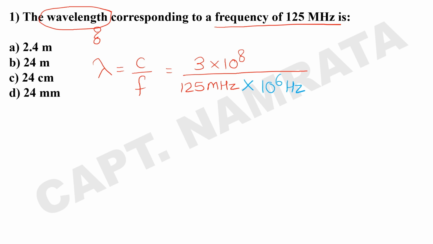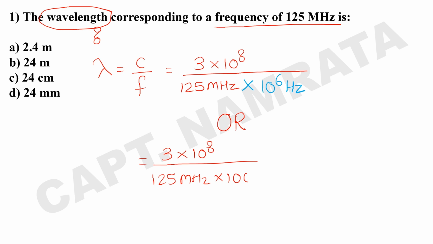But if you don't remember the table, you can go for step-by-step expansion. In this case, if I multiply 125 megahertz by 1000, the first unit I will get is kilohertz. And if I multiply it by 1000 one more time, I will get the unit in hertz. In both cases, I will get the same answer.